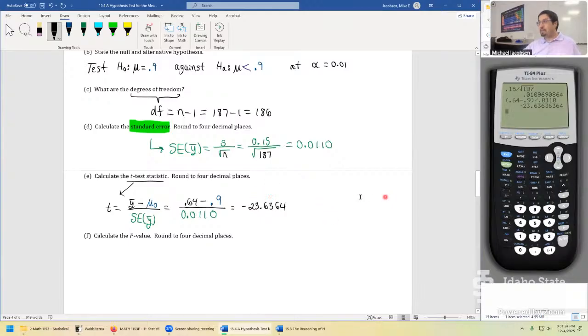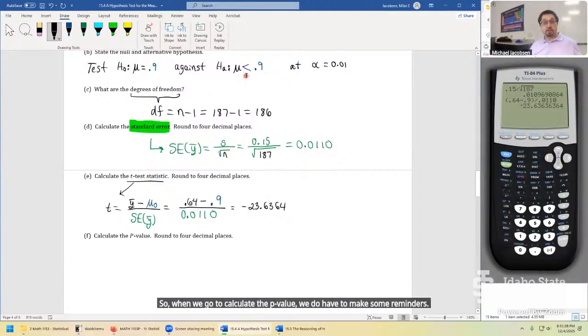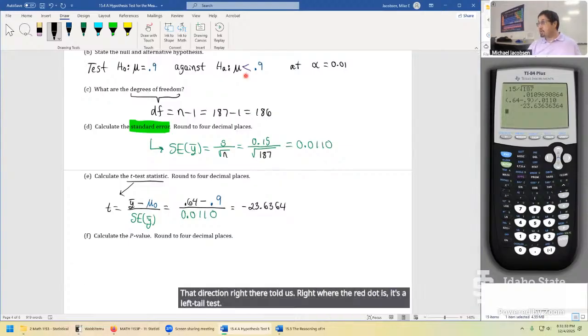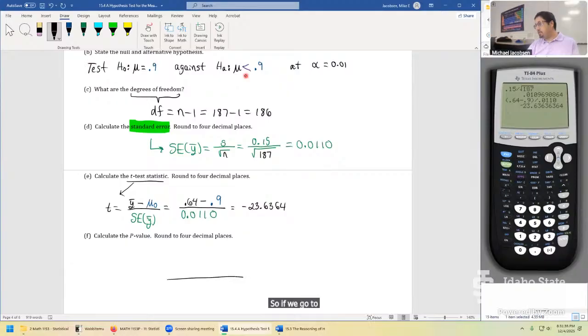So when we go to calculate the p-value, we do have to make some reminders. That direction right there told us, right where the red dot is, it's a left-tailed test. So if we go to write out a quick t-distribution, like we did in the statement of all those formulas, this will be the T186 distribution, 0 in the middle.